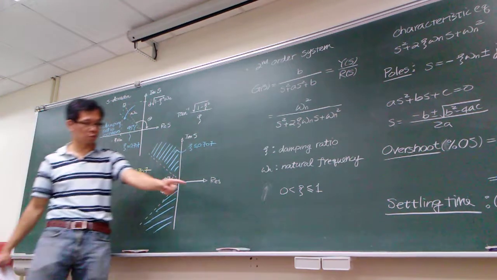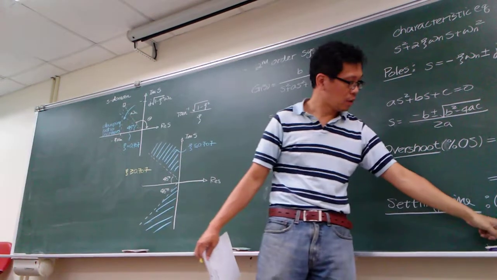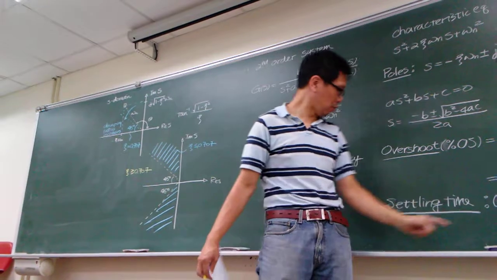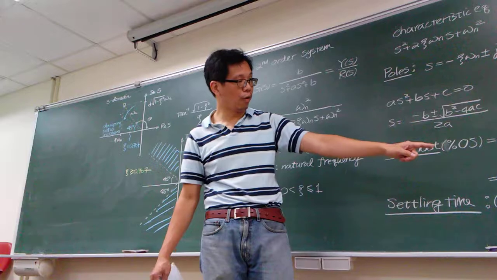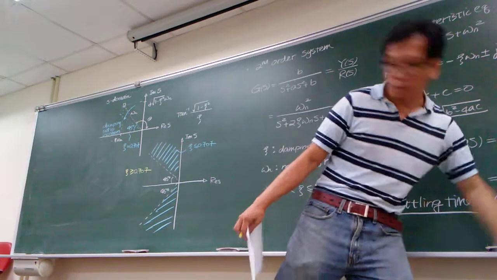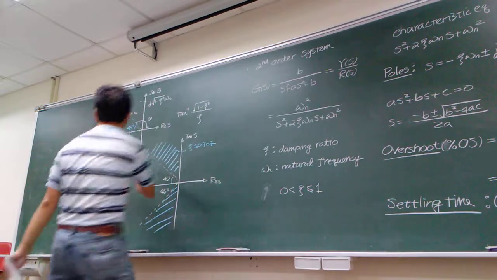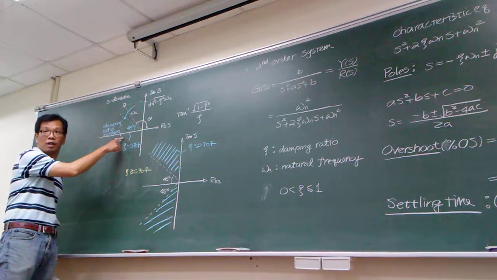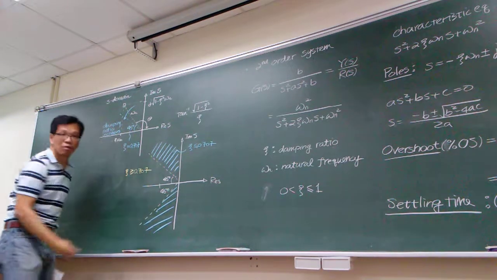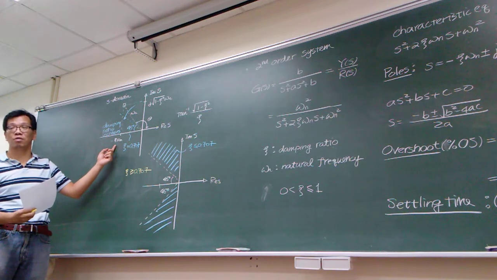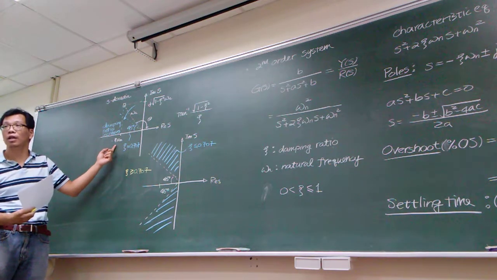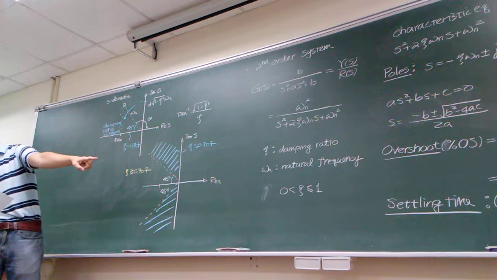Secondly, you look at this one. Time constant or settling time. What does that tell you? 4 over zeta omega n. So if you look at this one over here, what does that tell you? This number tells you how fast your system can respond, right? Because it's based on my settling time.